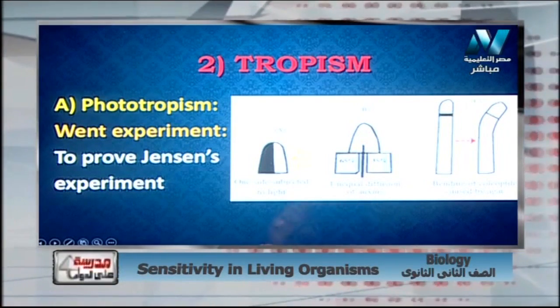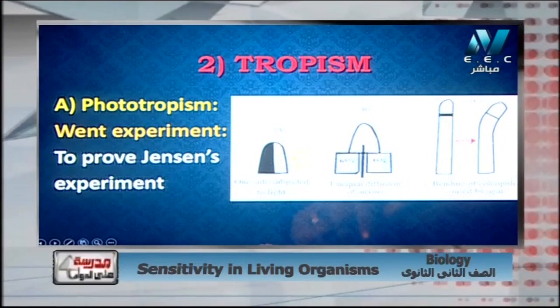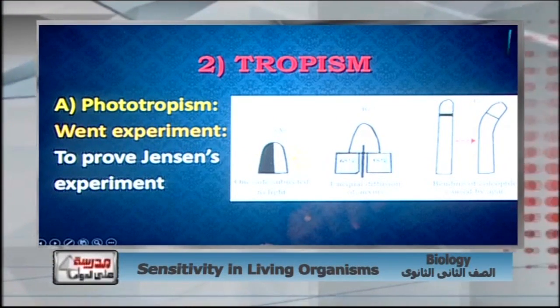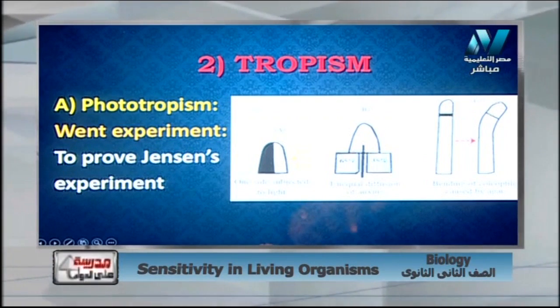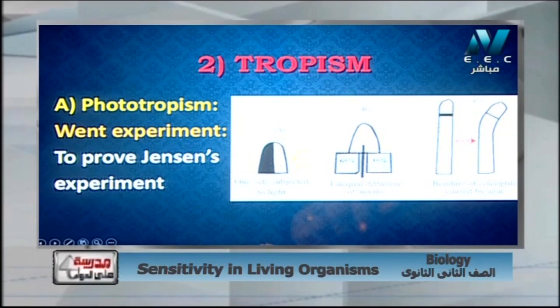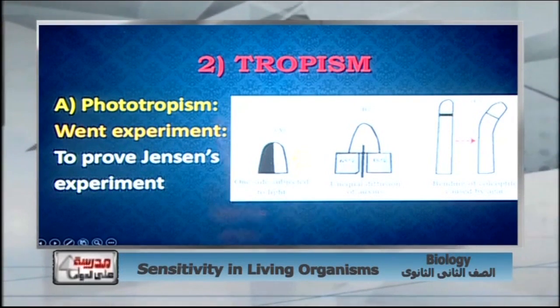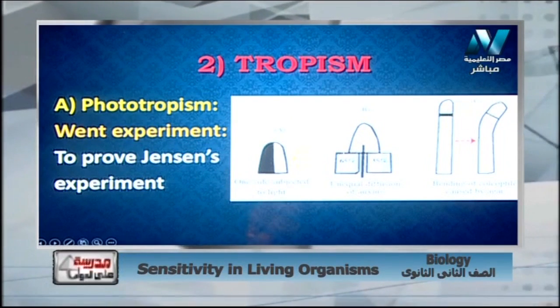After analyzing the amount of auxins in the 2 blocks, he found that the dark side contained 65% of the auxins, and the lighted side contained only 35% of the auxins. So that means the auxins migrate away from light.